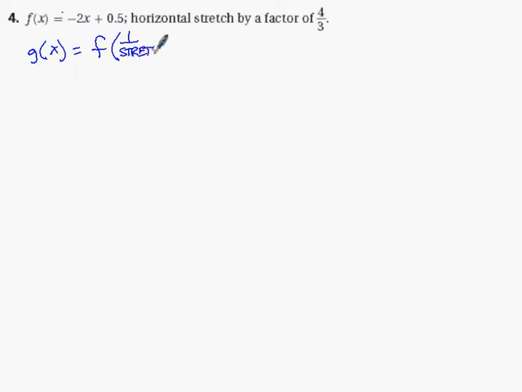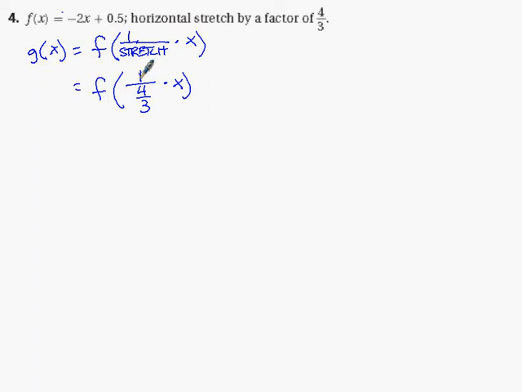Alright, now the stretch factor in this case is 4/3. So we're evaluating the function at 1 over 4/3 times x.